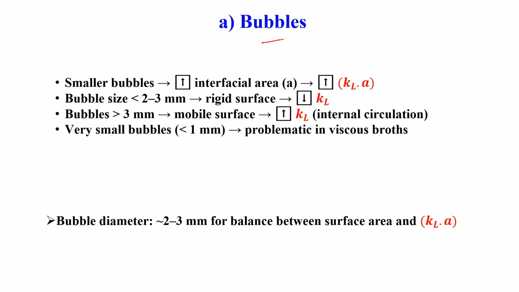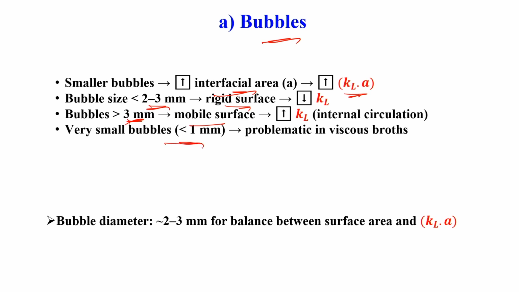First, talking of the gas bubble, a small bubble size increases the interfacial area, and more area means an increase in the mass transfer rate. The typical size of a bubble is about 2 to 3 millimeter, which forms a rigid surface, but when the bubble size is more than 3, it forms a mobile surface.